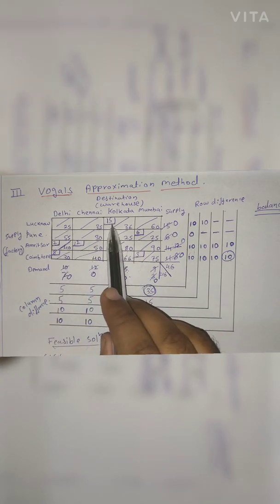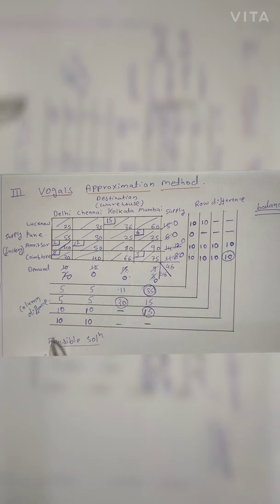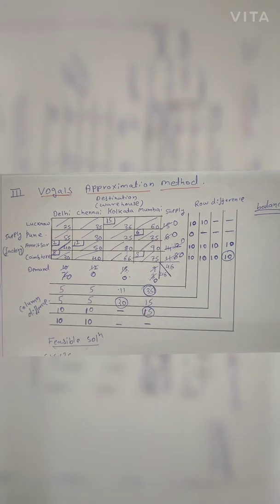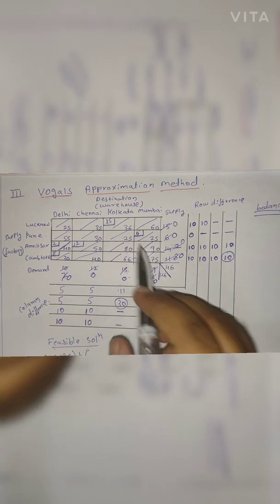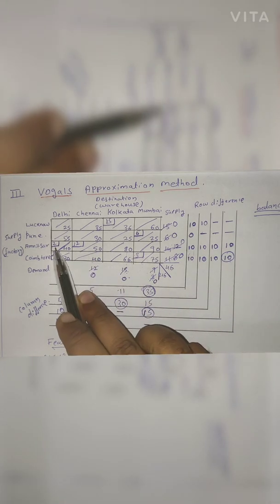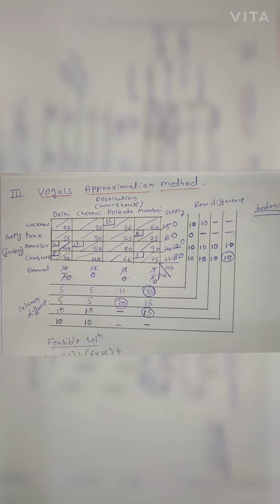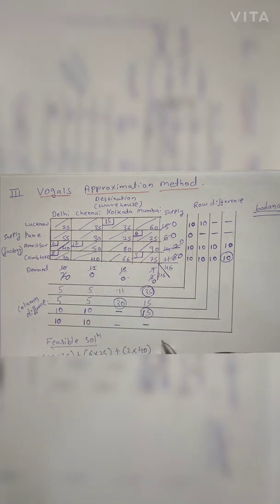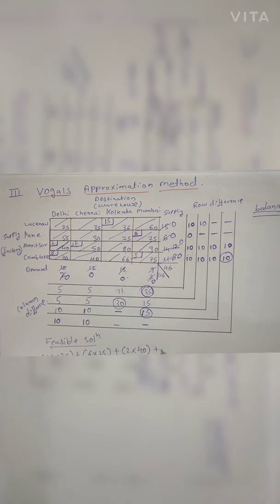So in the first row, in this cell there is a box, so 15 into the cell value 36, plus the second, 6, the box value, into the cell value 25, plus the box value is 2 and the cell value is 40. Here the box value is 12 and the cell value is 50.